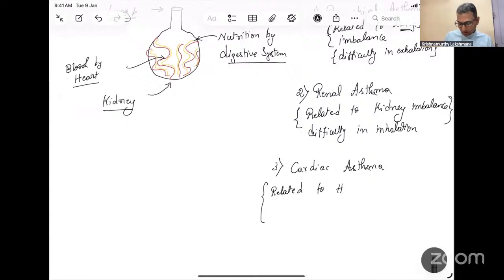Heart imbalance. Now here there will be difficulty in respiration during exertion. Whenever they have to do work, climb the stairs, the heart has to pump more, and if the heart is not able to pump, then they will find it difficult to inhale. So breathlessness during exertion.